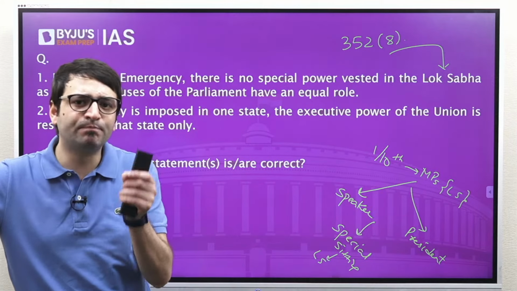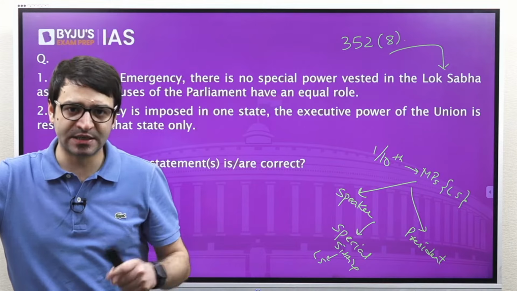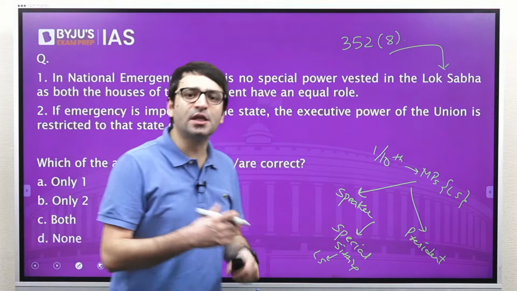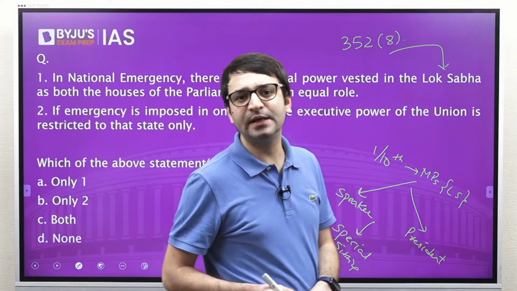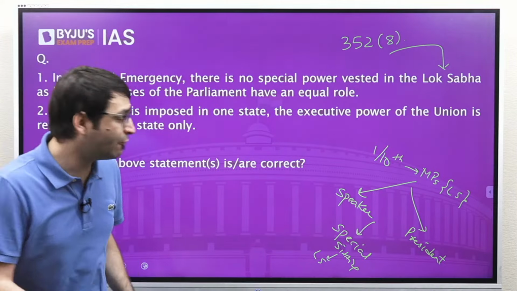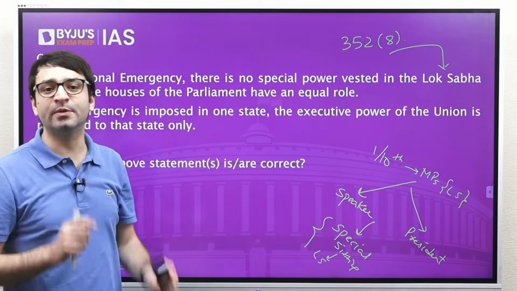So a special power is given to Lok Sabha. This special power is not given to Rajya Sabha. Under Article 352, Clause 8, 1/10 of the members of Lok Sabha can write to the speaker if Lok Sabha is in session, can write to the president if Lok Sabha is not in session, requesting for a special sitting of Lok Sabha to discuss this national emergency.